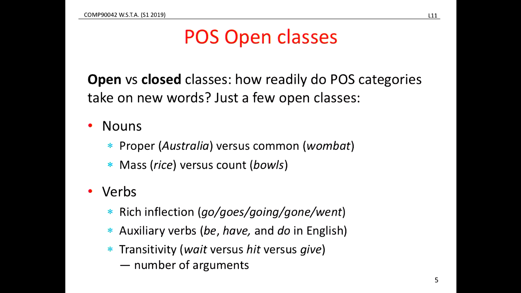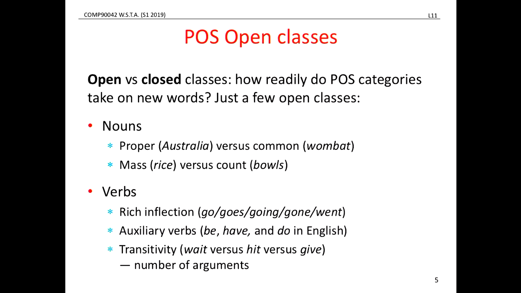We have auxiliary verbs, like be, have, and do. They don't really do that much, but they're a class that fits as a subclass of verb. We could call these auxiliary verbs a closed class, because in English these words are very limited. We have a fairly fixed inventory and they have a very specific syntactic and semantic meaning.